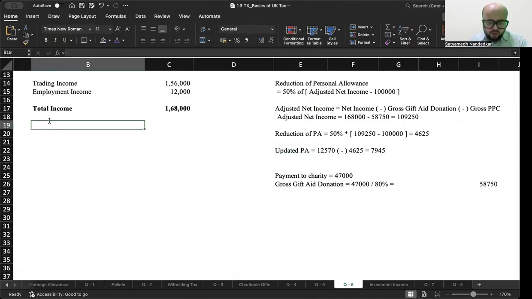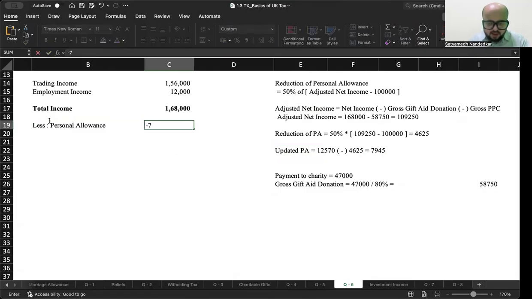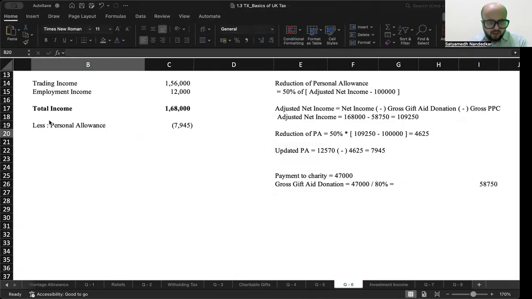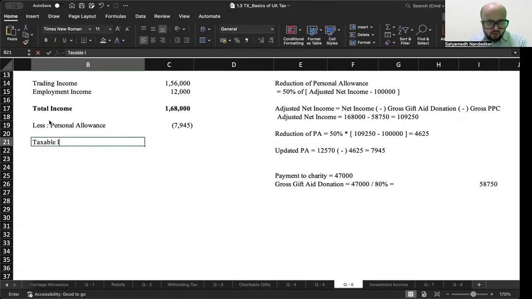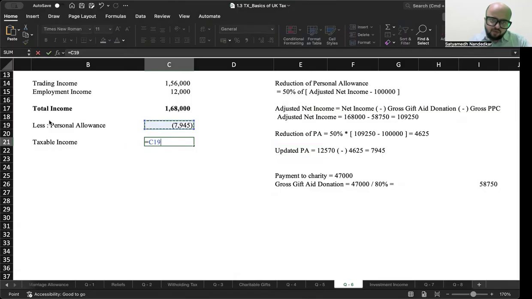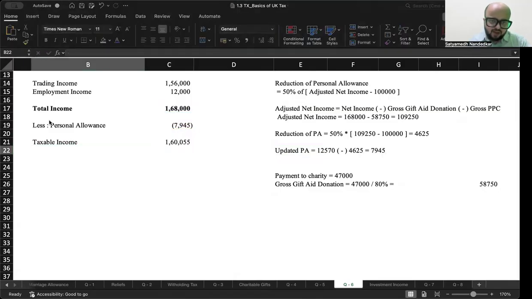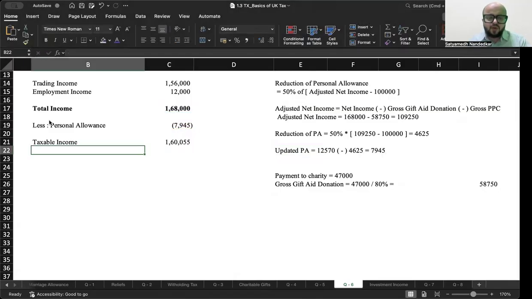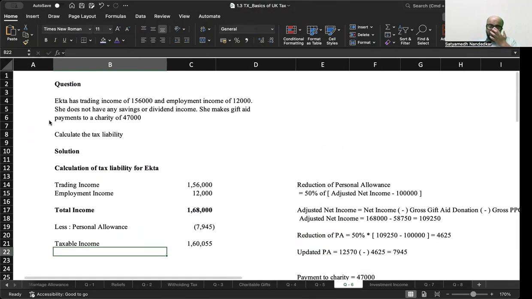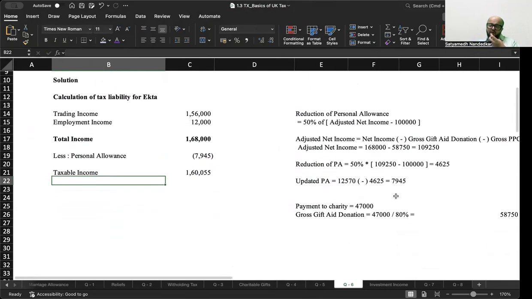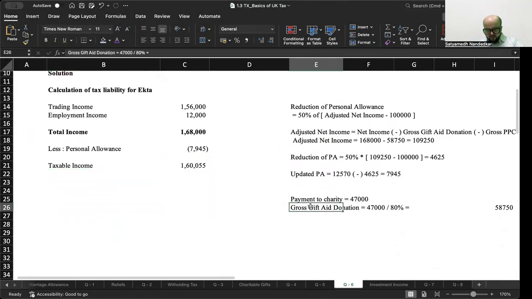Okay. From your total income, reduce the updated personal allowance, 7,945. After that, you will be left with taxable income. 1,68,000 minus 7,945, 160,055.